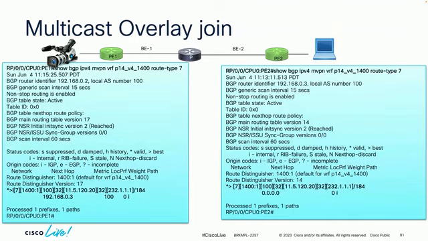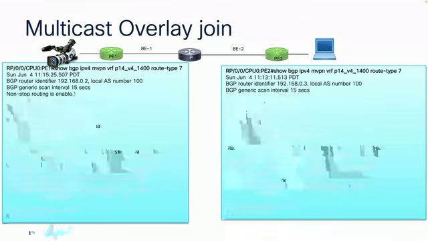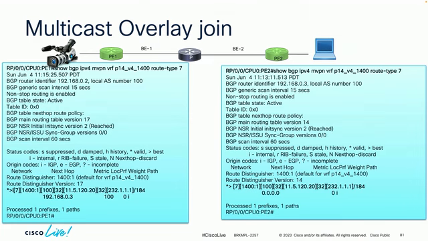Till now we had received the join and created our underlay tree, but now I should be able to map this particular customer IP flow back to the tree, and that is where route type 7 comes into the picture. The last hop router does two things. One is building the underlay tree, which we already built.